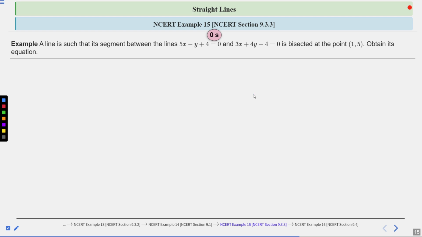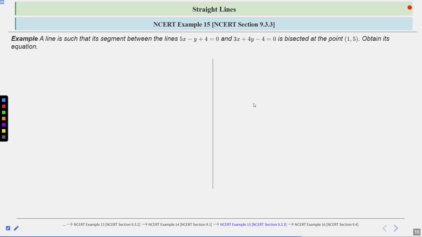Okay, students, now we will solve this example. A line is such that its segment between the lines 5x minus y plus 4 equal to 0 and 3x plus 4y minus 4 equal to 0 is bisected at the point (1, 5), and we have to obtain its equation.